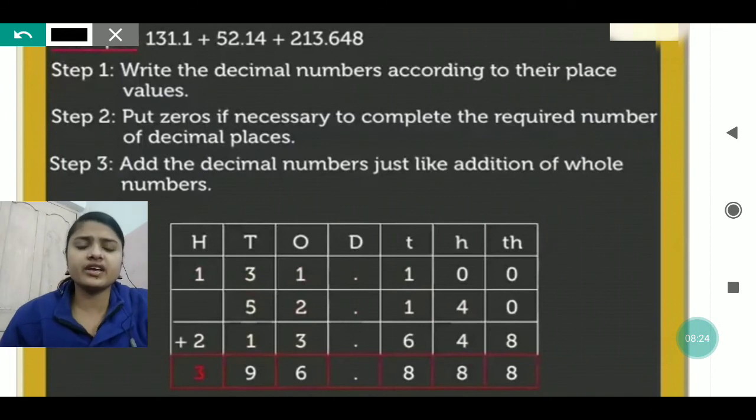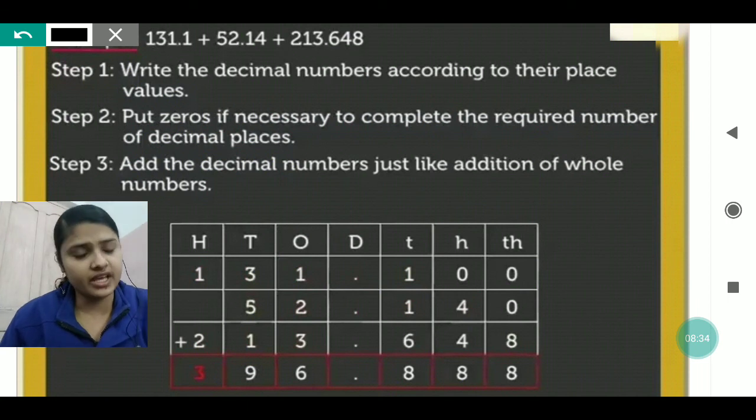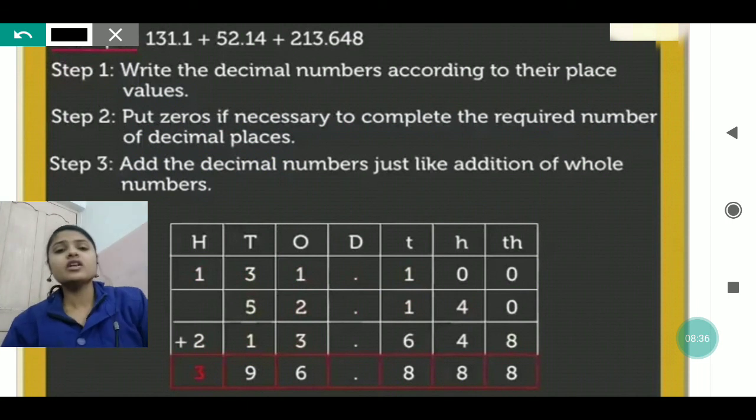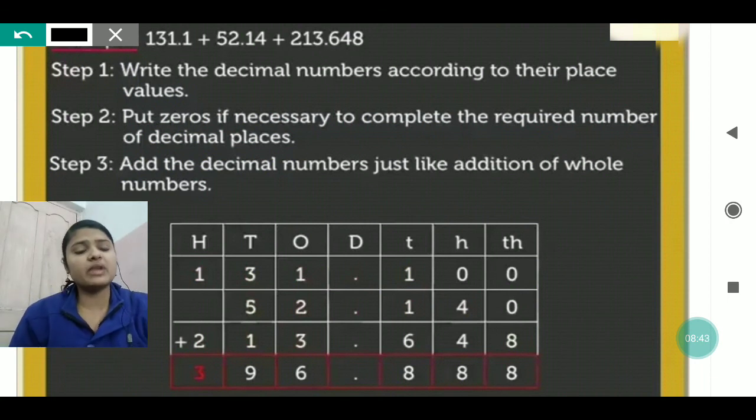In the same way, here it is written: add 131.1 plus 52.14 plus 213.648. So the first thing, again, you have to arrange all the numbers according to the place value.